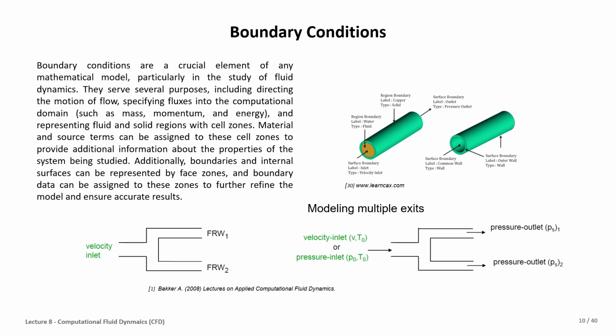Also, one of the important issues in CFD is the boundary condition. Boundary condition is crucial for any mathematical model, especially in fluid dynamics. If you look at this example, these two cylinders, one of them has a surface boundary, which is a common wall, of type wall.